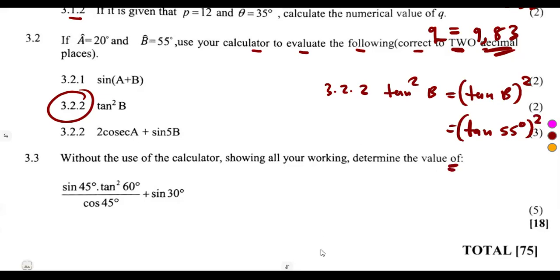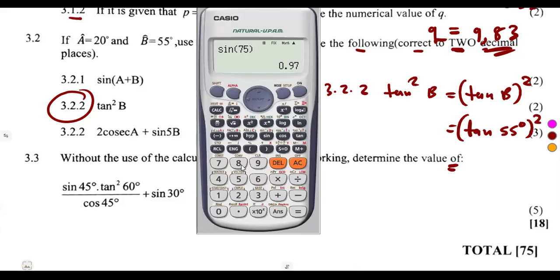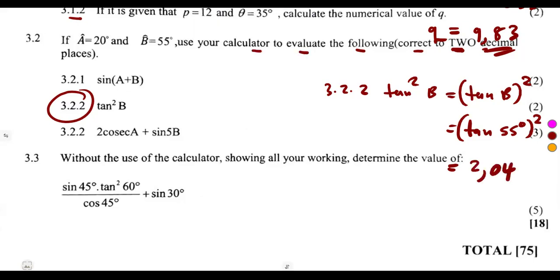So as you are simplifying, you open a bracket first. Then you simplify tan 55. As you can see, there is a bracket which is already opened. Close that one, then close the first one that you opened. Then you square everything. That is what it means. 2 point 04 to 2 decimal places. So that's 2.04. Just like that.